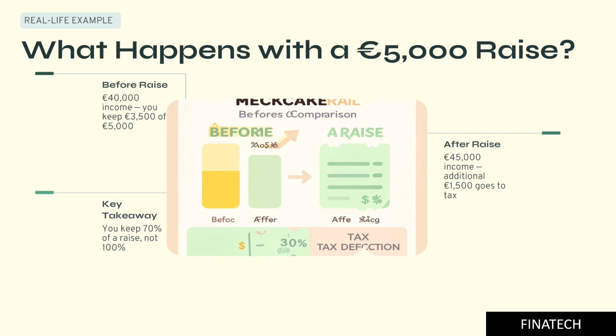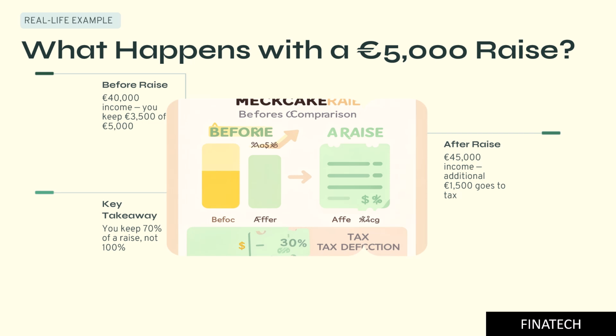After the raise, you get 45,000 euros in a year. The additional amount is 1,500, which goes to the tax. So the key takeaway is you keep 70% of a raise, not 100% of a raise.